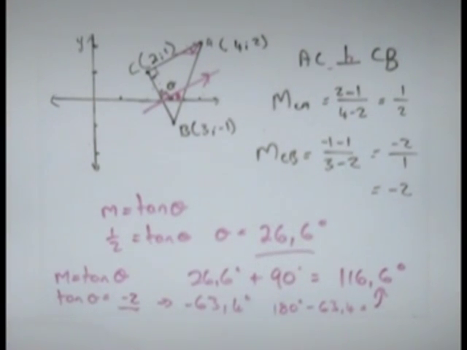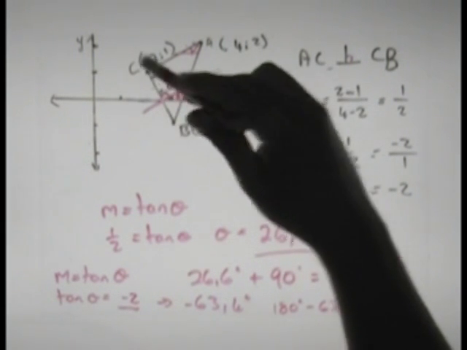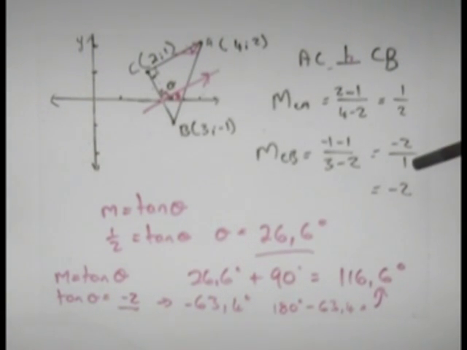My preferred way of working out the angle of inclination of the negative gradient would be to first work out the angle of inclination of its positive gradient and then add that to 90 degrees, and that will give us the total angle of inclination. Let me give you another example of that.